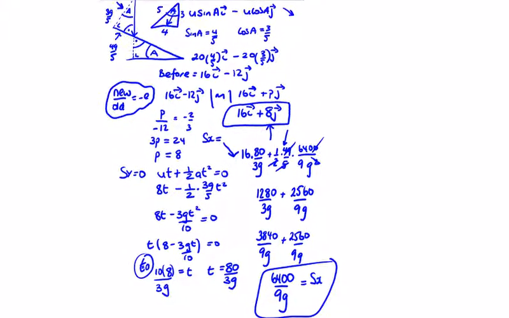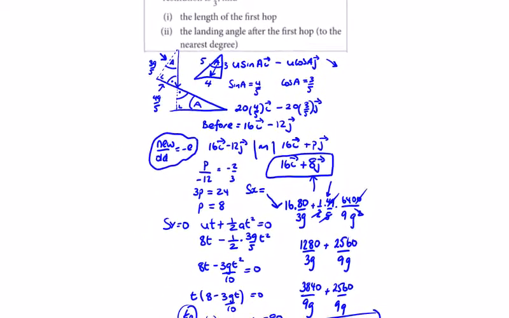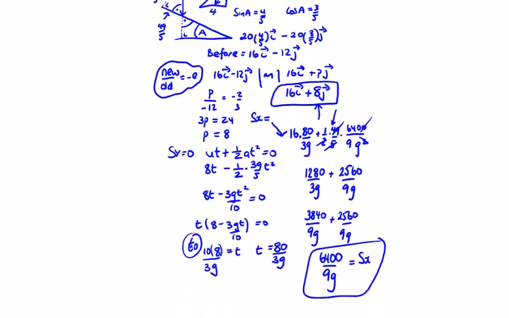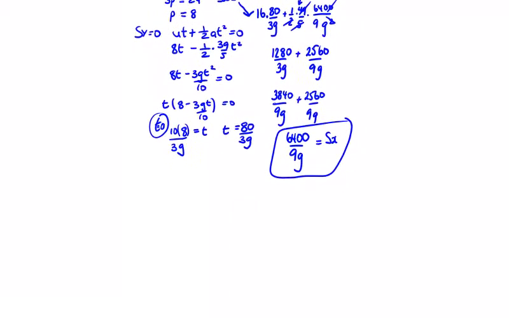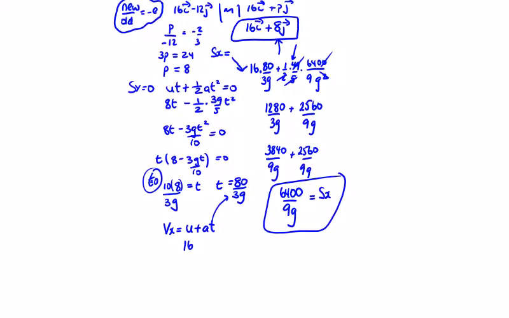Are we asked anything else? We were. The landing angle after the first hop to the nearest degree. So we need velocity of x and velocity of y. Velocity of x, u plus at. So we need the time, which is this one. So 16 was the velocity for x and a for y.